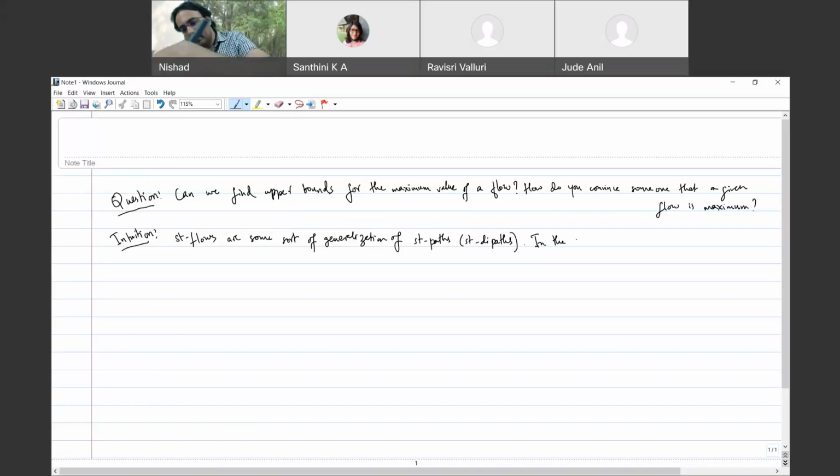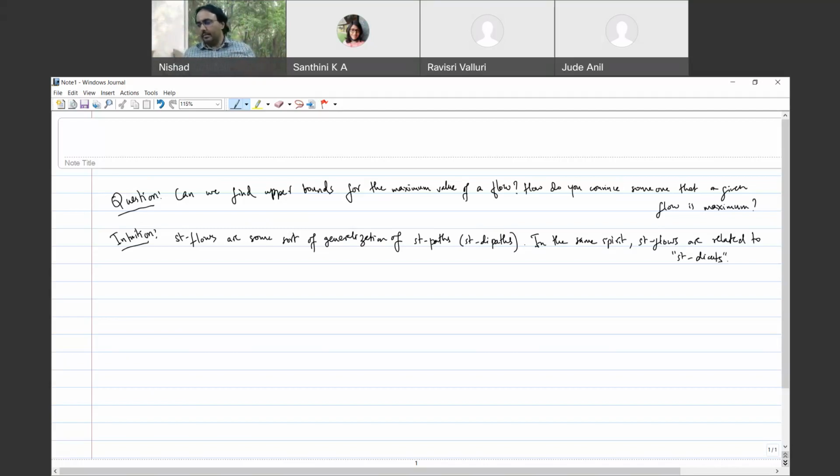In the same spirit, ST flows are related to ST cuts. But because these are cuts in directed graphs, to be very precise, I should call them dicuts. But in the literature, they are just called cuts because you're already working with directed graphs. So you just call them cuts. All right. So we need to know what an ST dicut is. I haven't defined that yet. So let me just put it in double quotes.